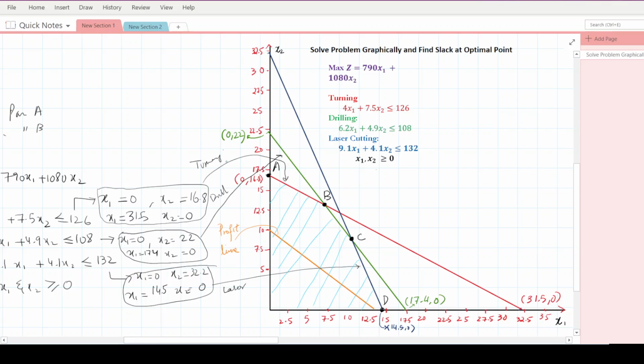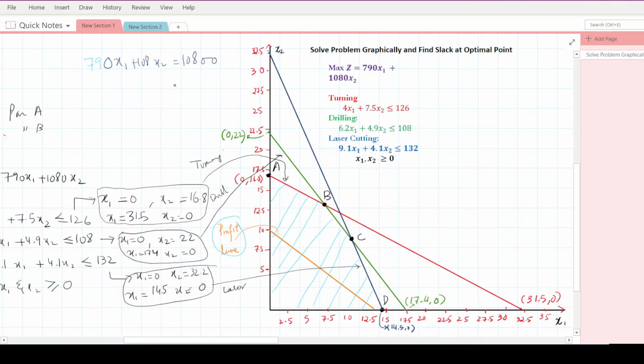So once we have identified the constraints, to find the optimal solution, there are two ways to go. The first one is to draw an isoprofit line. I have already drawn an isoprofit line using an arbitrary value: 790 x1 plus 1080 x2 equal to 10,800.